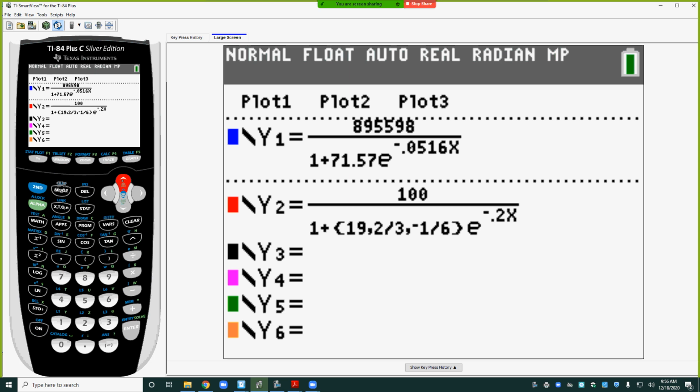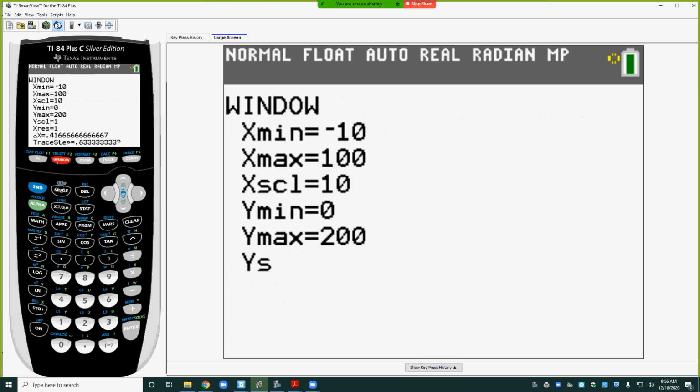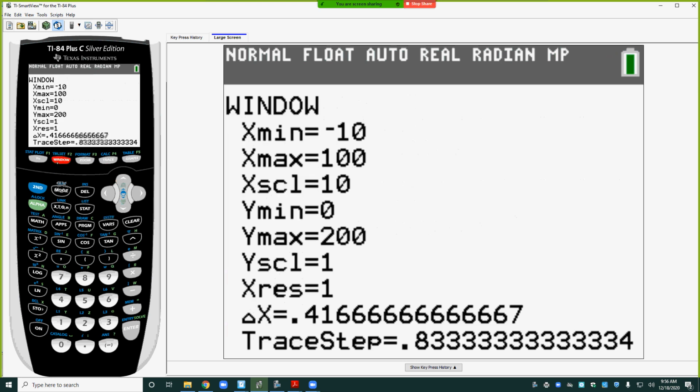So, I'm going to set my window. I'm going to look at 200 years worth of Alaska's population growth. So I'm going to go 0 to 200, or I like to see my axis, so I went negative 10 to 200, counting by decades. Now, that top population is my limit.